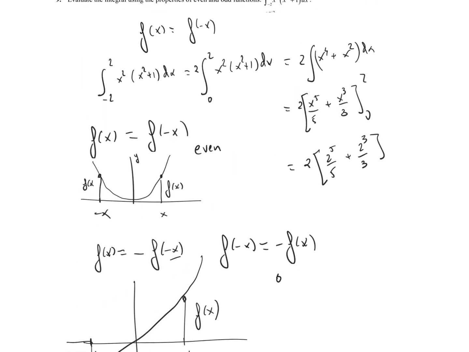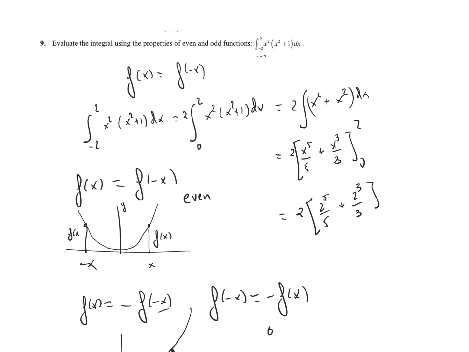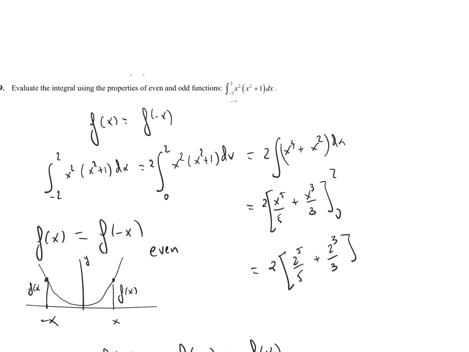So let's do the problem. Find the integral from minus 2 to 2. Because this function is even. Why do I know that it's even? Well, let's prove it. f of x equals x squared multiplied by x squared plus 1.